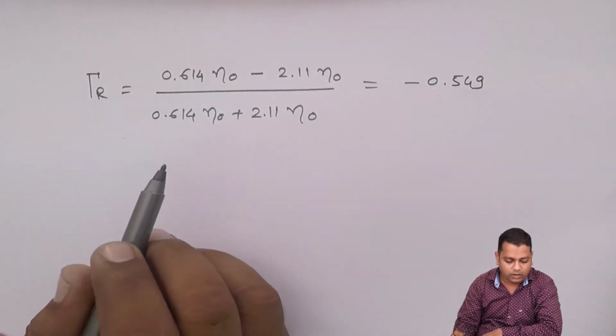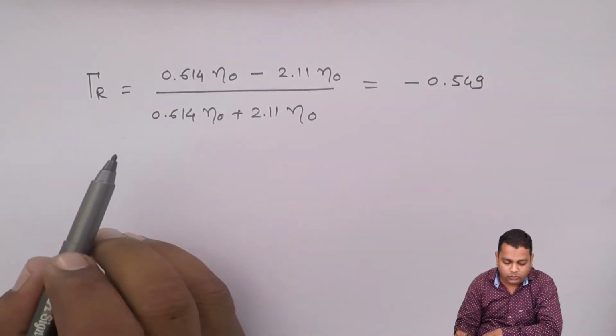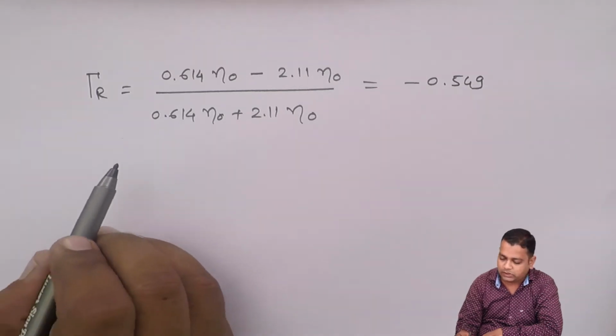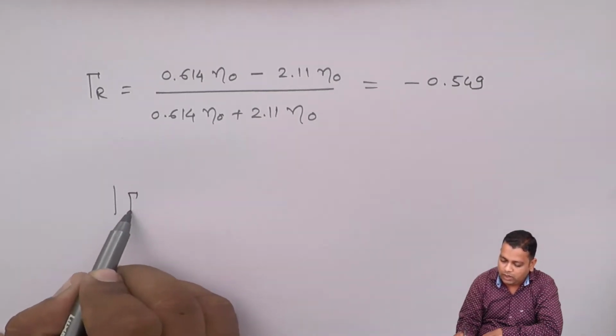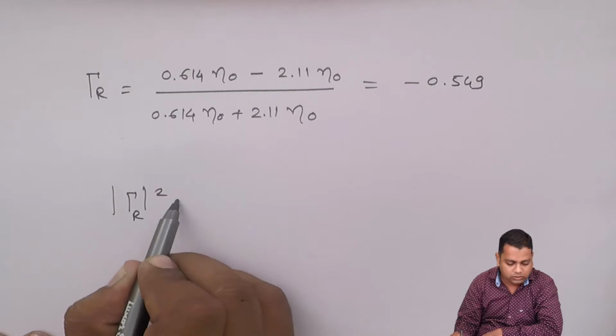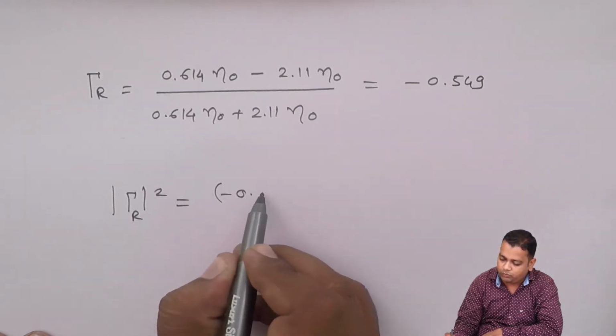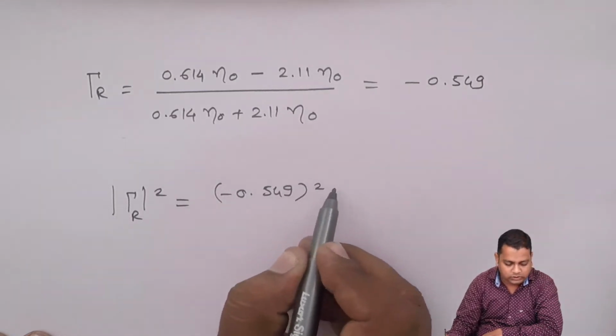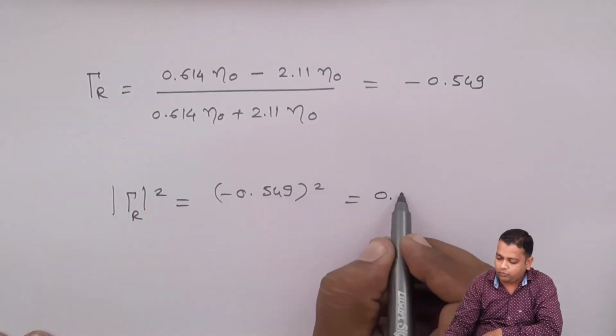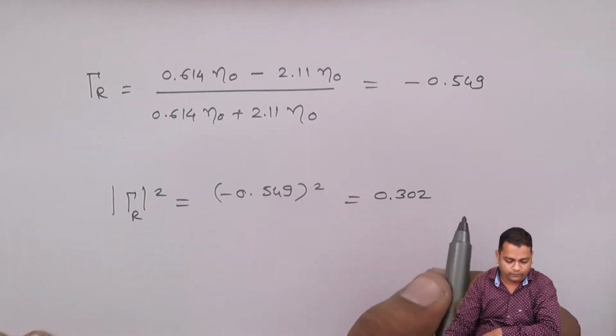Hence, if we require the total reflected power fraction, we take the magnitude squared. So minus 0.549 squared gives the value 0.302.